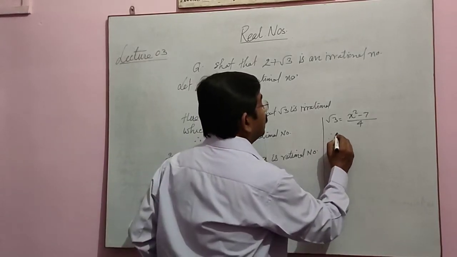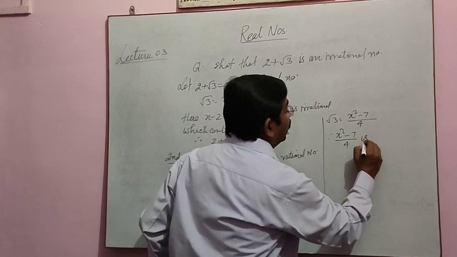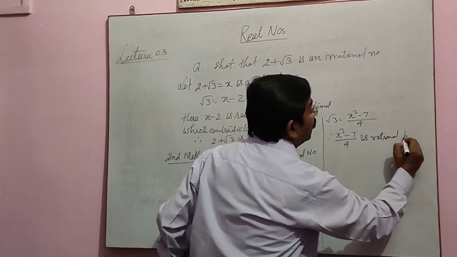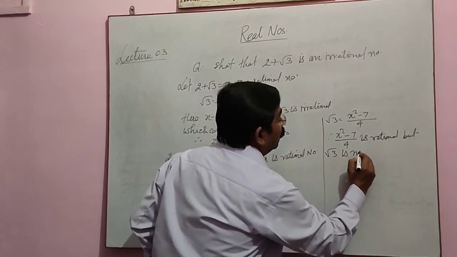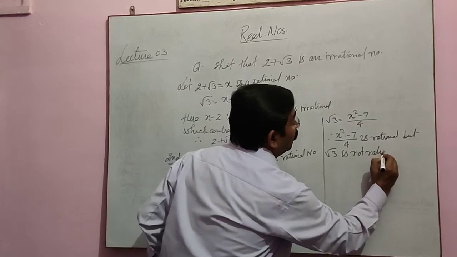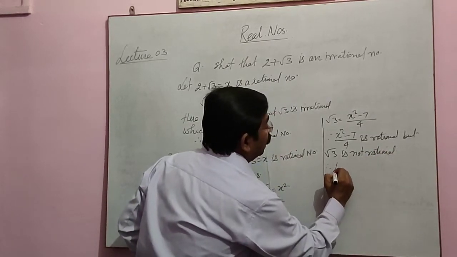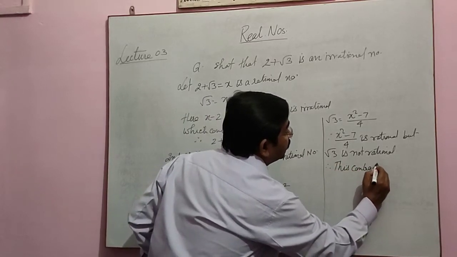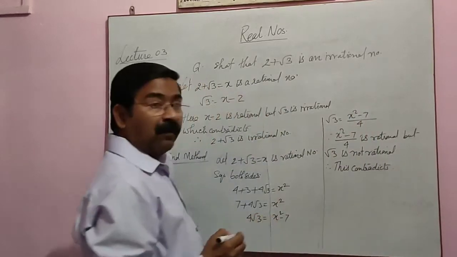So we write, since x square minus 7 upon 4 is rational, but under root 3 is not rational. Under root 3 is not rational. Therefore this contradicts the statement.